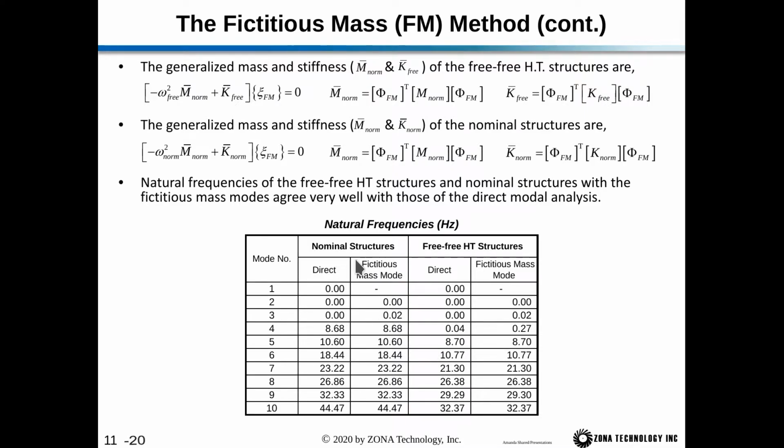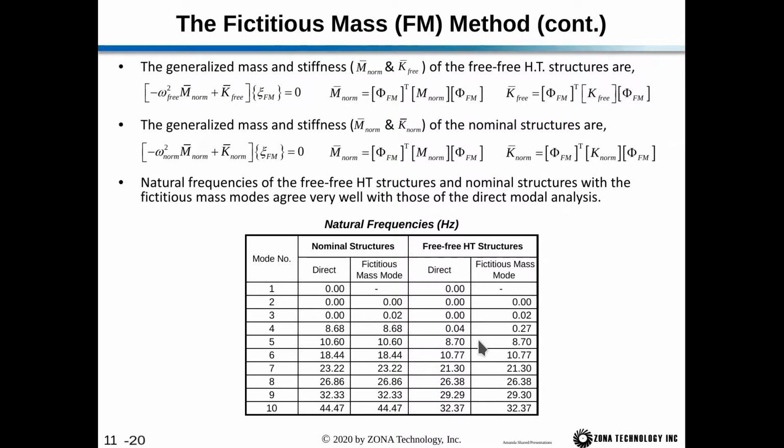So with the nominal structure, the first 3 modes are the rigid body modes, and now you can see modes 4 through 10, we match the natural frequencies very well. And now with the free structure, the direct method will get 4 rigid body modes, because remember the last rigid body mode is the horizontal tail rigid body motion.